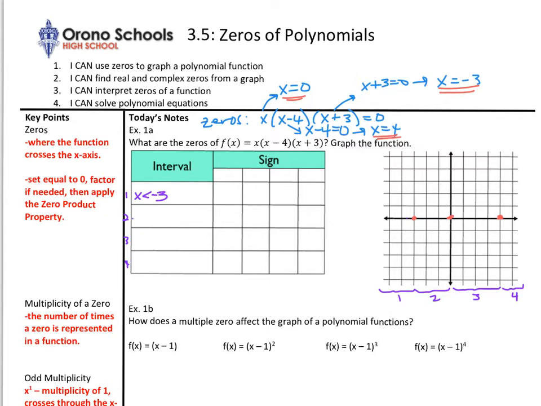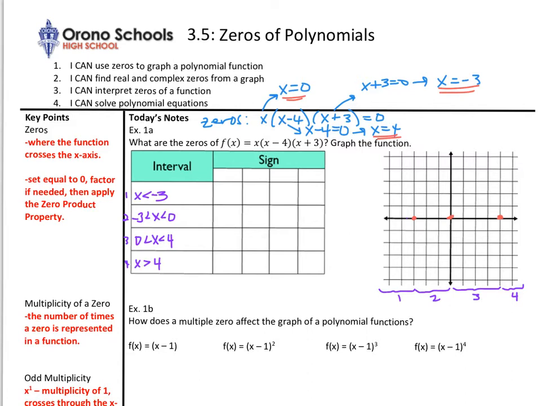So we would say negative 3 and 0. Pick a number between there. Our third interval goes from 0 to 4 on the x-axis. And our final interval over on the right-hand side has a boundary of 4 but goes on towards positive infinity. Those are our intervals between the zeros on our graph.